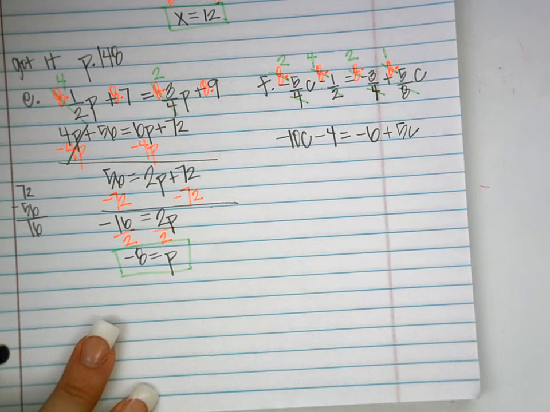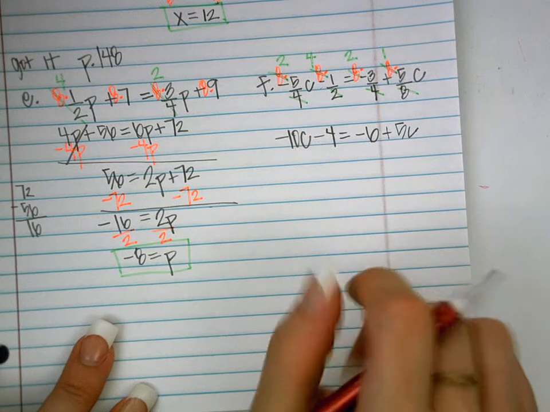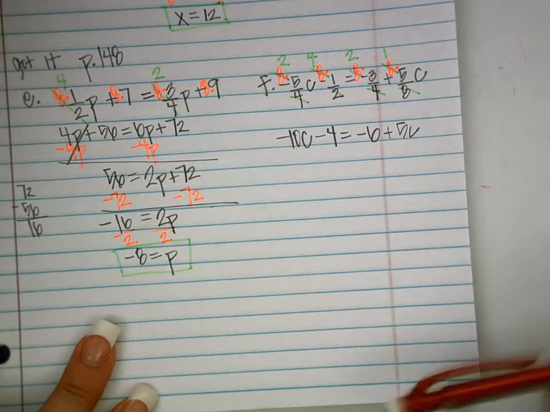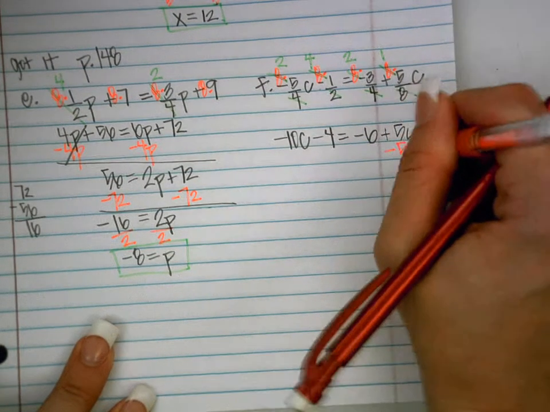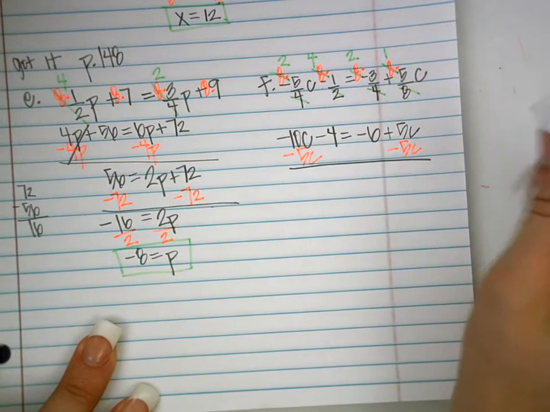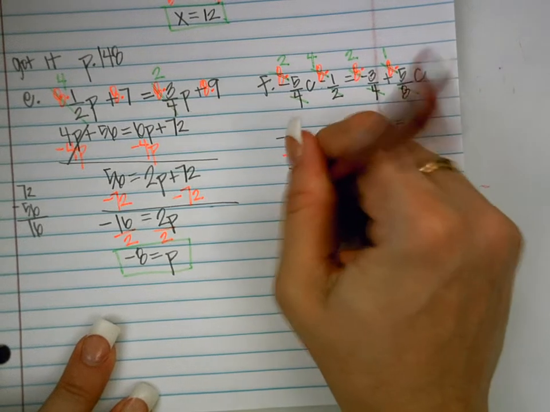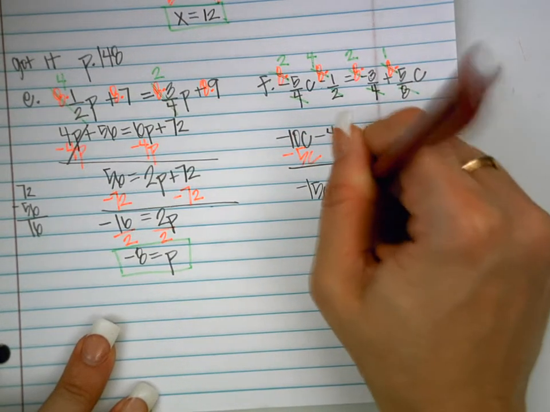Then how would you move your numbers? Would you want to move the 10C or the 5C? You want to move the 5C, so subtract 5C. Subtract again. What's negative 10 and negative 5? Negative 15C minus 4 equals negative 6.